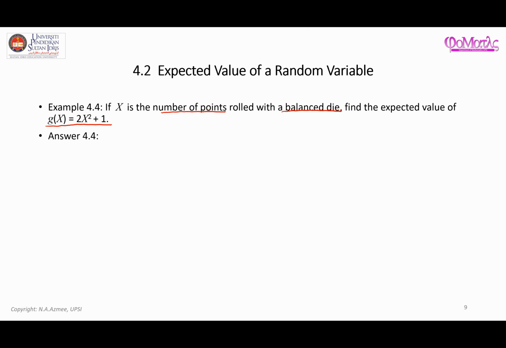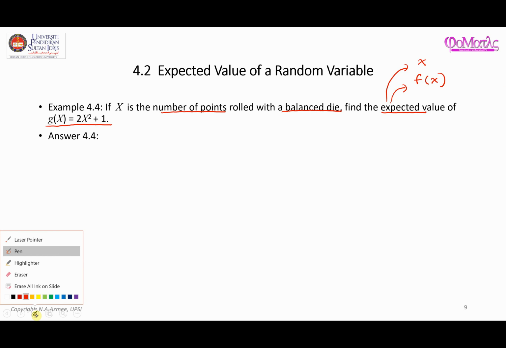When you want to find the expected value of something, of course we need to find f(x). In this case, because the function is given as g(x), we're going to substitute that right next to f(x). But apart from f(x), you need to find the values of X as well. Those two are the first steps: you need to find what is X and what is f(x).